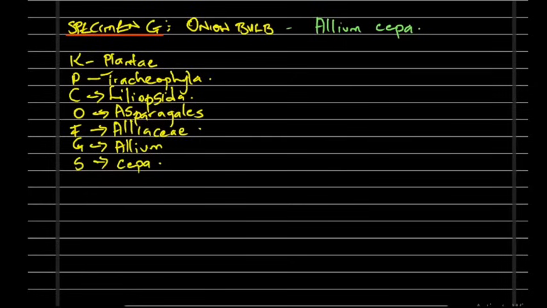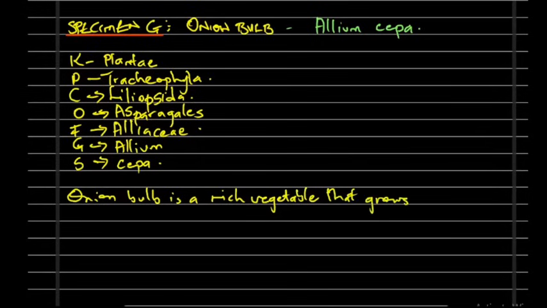Now, the onion bulb is a rich vegetable that grows on the ground.